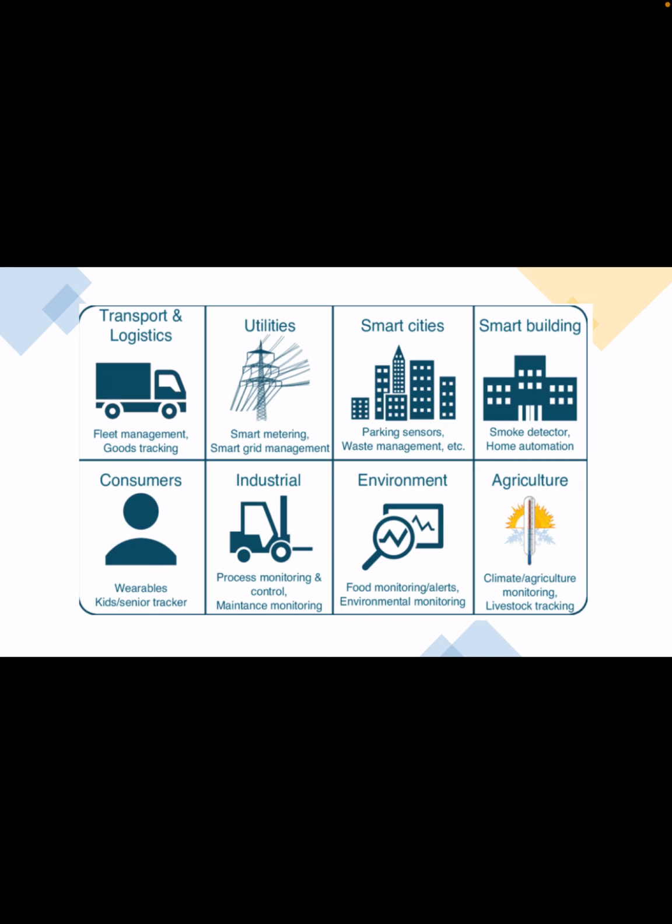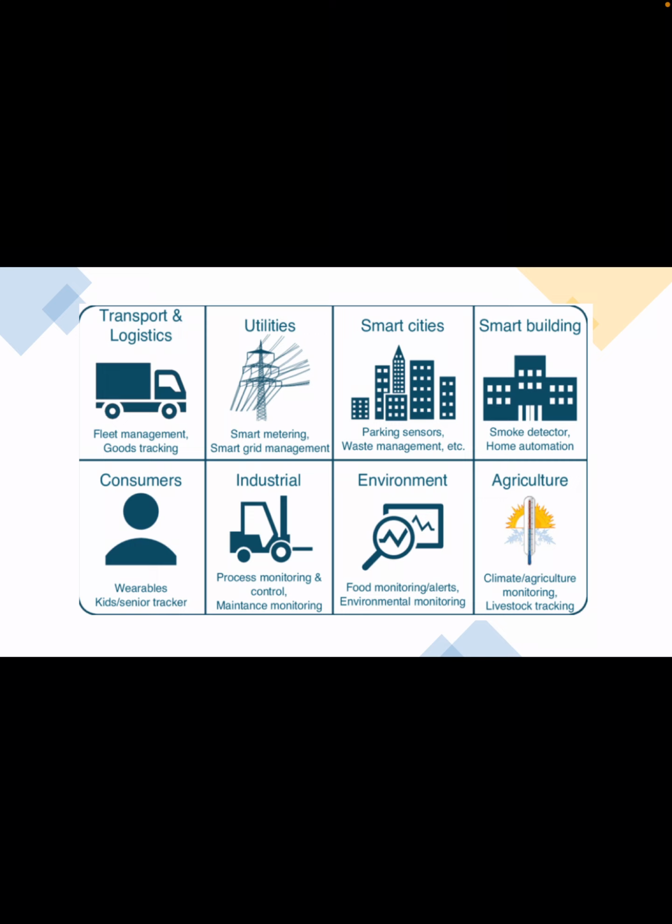In transport and logistics, it can be used in goods tracking and fleet management, and in utilities, smart metering and smart grid management. In smart cities, it can be used for parking sensors and waste management. In smart buildings, it can be used for smoke detectors and home automation.